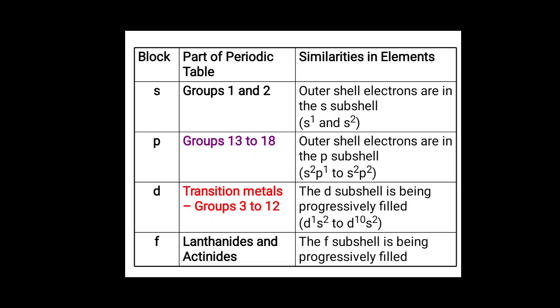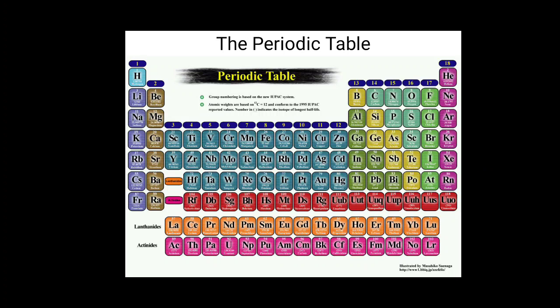The F block contains the lanthanide and actinide series, where the F subshell is being progressively filled. See here, it is the periodic table, with 18 columns or groups and 7 rows, and here the lanthanide and actinide series.